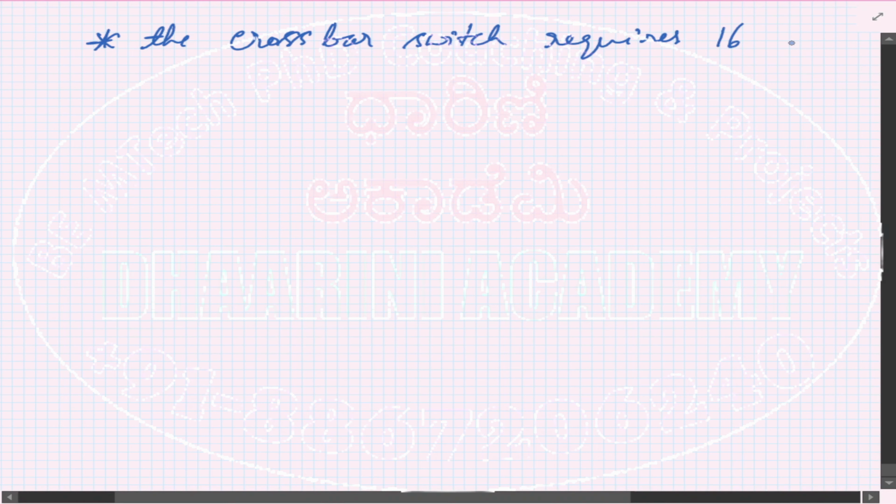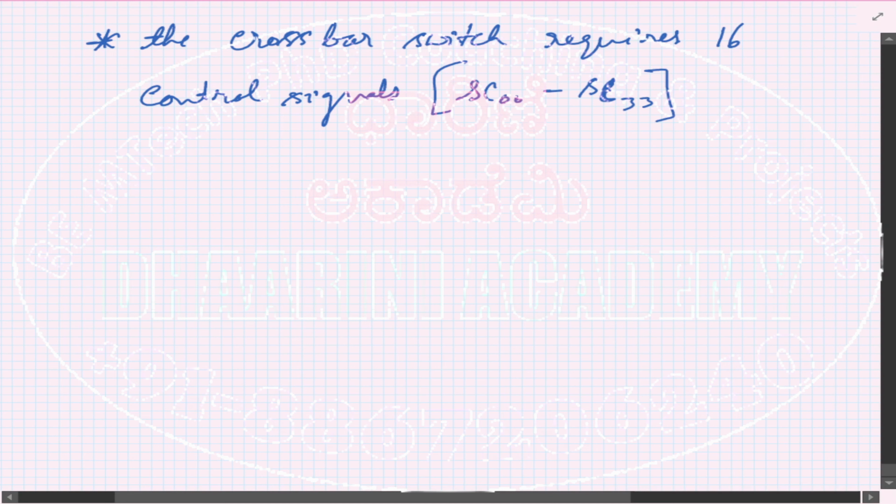We understood that it needs 16 control signals, SC00 to SC33, which means each one of the signals will go to one transistor.